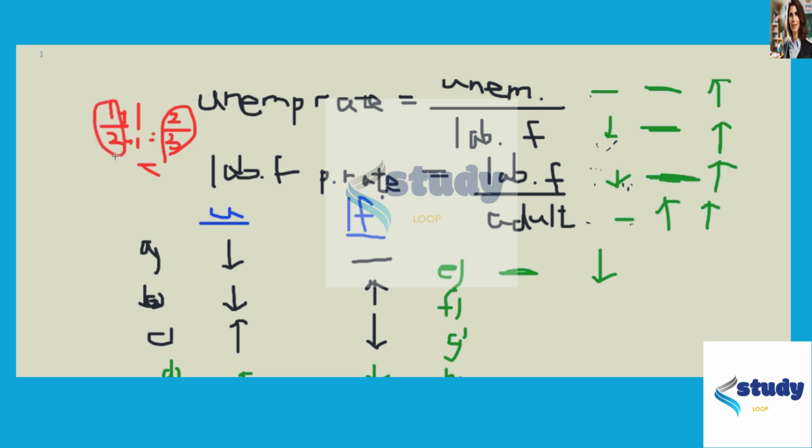So if the numerator and denominator both go up by 1 unit, the number as a whole is going to go up. So the answer to question F is up and up.